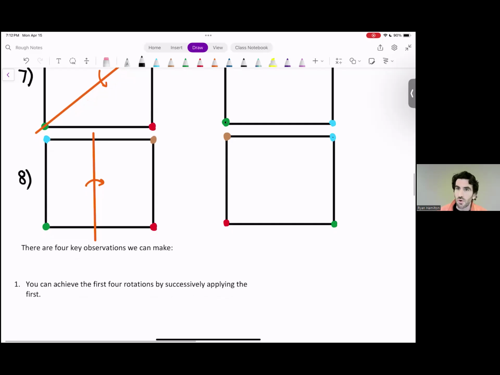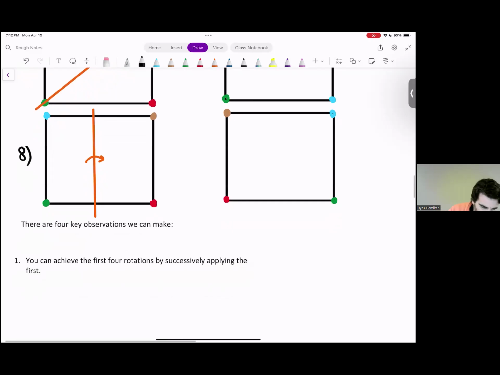So we can codify that with algebra. So if we let R be rotation by 90 degrees, so this is clockwise, then I can say that R squared is rotation by 180 degrees.